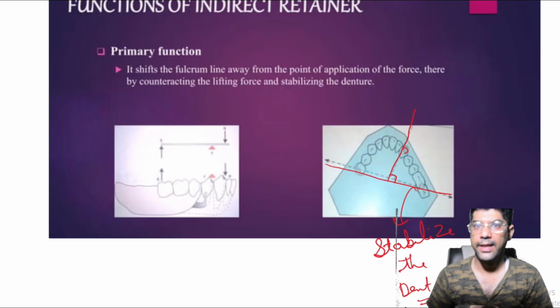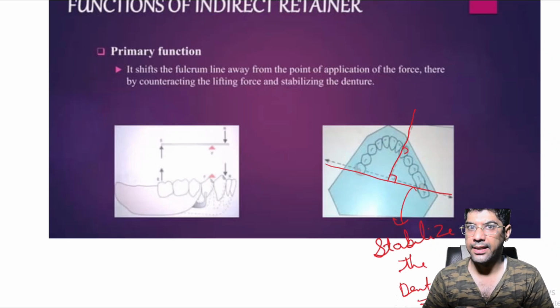So what might indicate an indirect retainer needs adjustment or replacement? If an indirect retainer becomes dislodged from the rest seat, this suggests that the denture base may need relining or the indirect retainer itself needs adjustment.